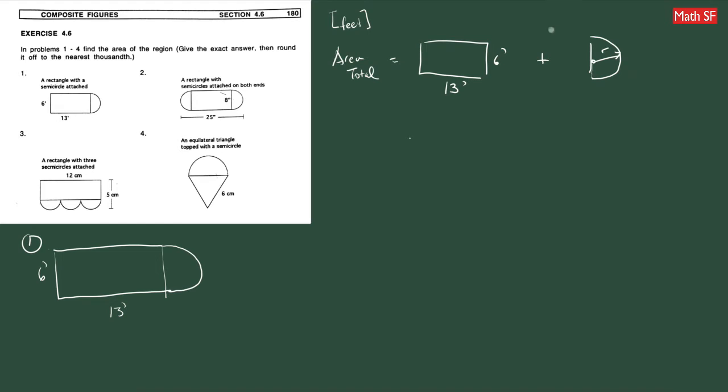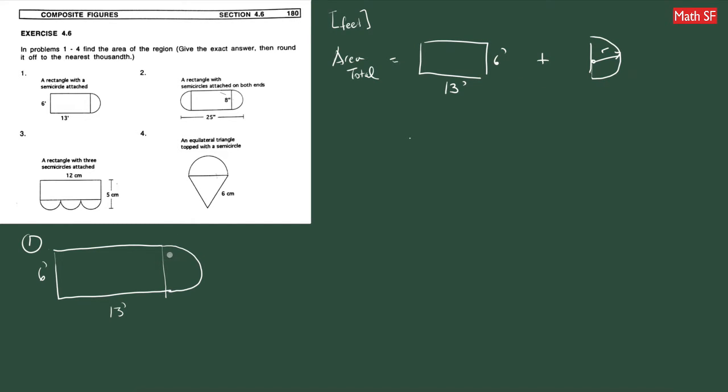We know that the area of a rectangle is base times height. The area of a circle is pi r squared, so half of a circle is going to be 1/2 of that. But we need to know the radius, and we don't know it yet.